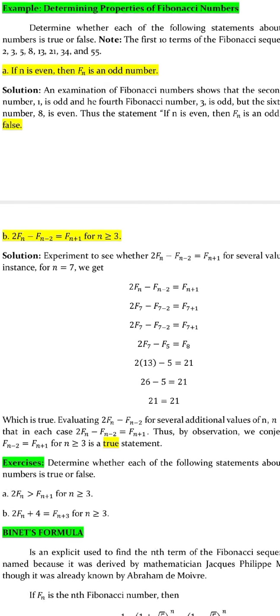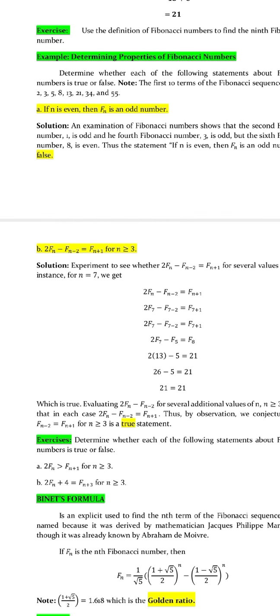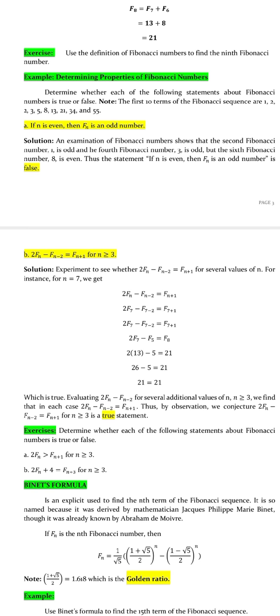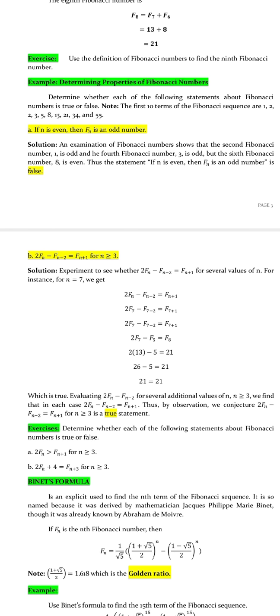Okay, so let us now experiment. We should try several values, because you cannot examine just one value and then declare the statement true or false. So, you should examine a given statement by replacing n by several values.